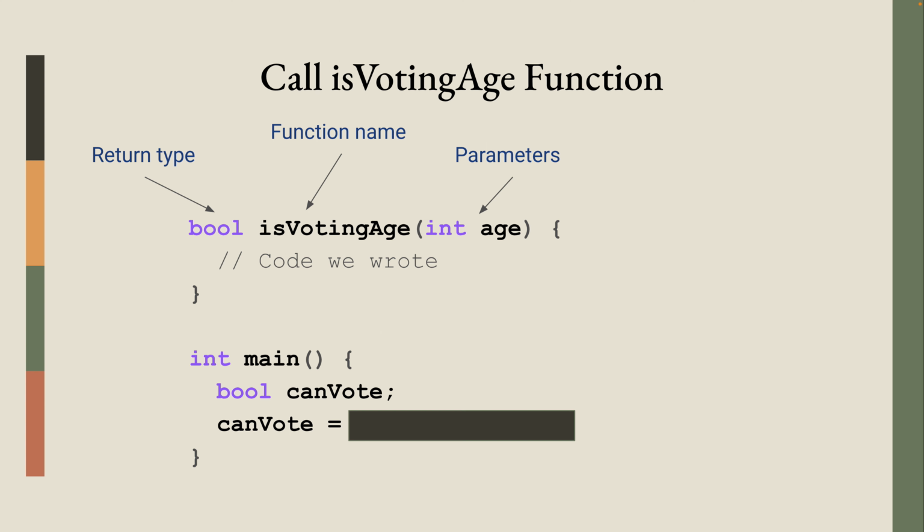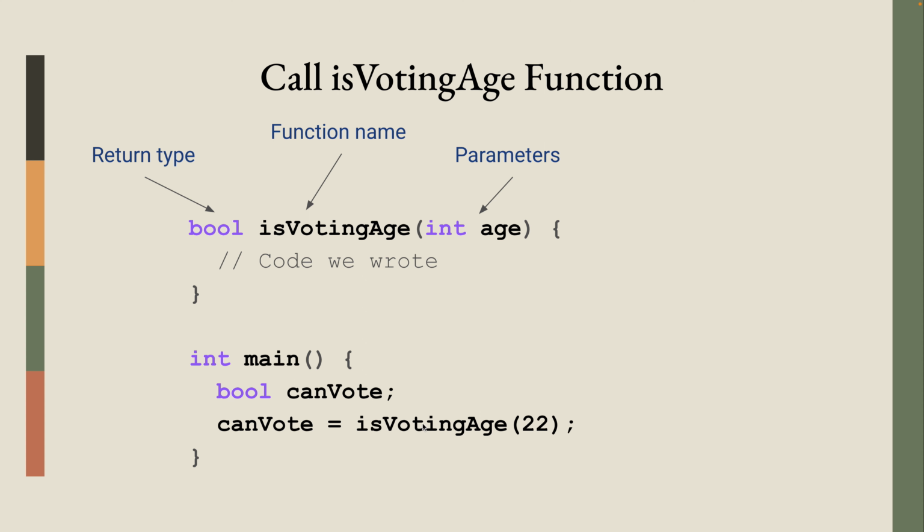Okay, so a programmer creates the function int main, they have this bool variable canVote, and they want to set canVote equal to a value. Let's say we wanted to check if a 22-year-old could vote. What could we put on the right side of the equal sign? Yeah, so we're going to call isVotingAge.